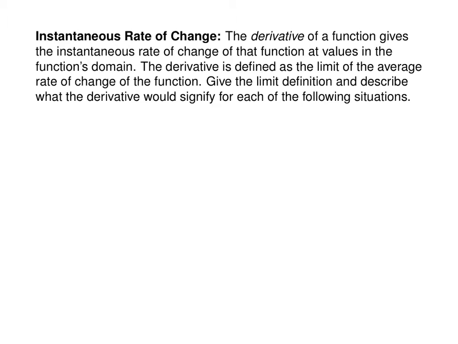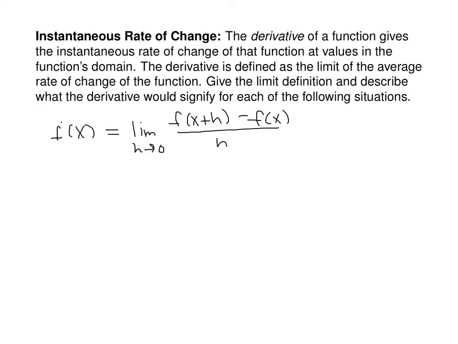So first of all, the limit definition of the derivative is f prime of x is equal to the limit as h goes to 0 of f of x plus h minus f of x all over h. And this will give the slope of the tangent line at a particular value for x.